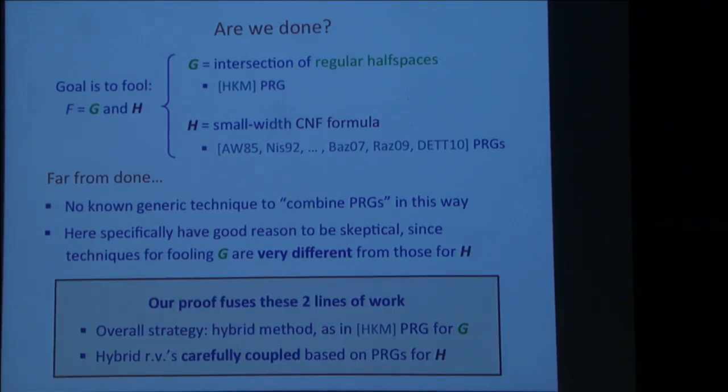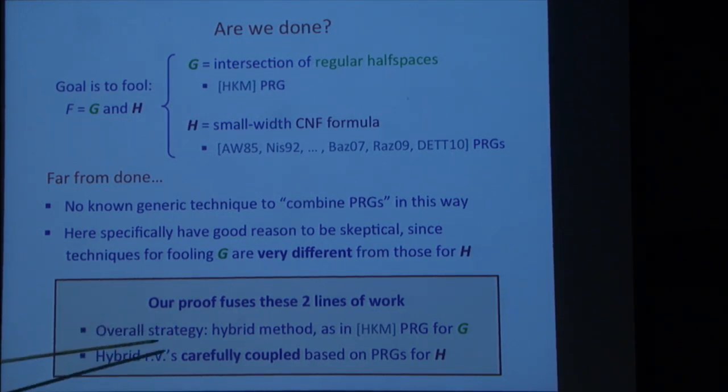And if you want to say there's a conceptual contribution, or what we're doing here, one thing you can potentially get out of looking at what we do is that we combine these techniques. The overall strategy we take is very similar to that of Harsha-Klivans-Meka. It's the exact same generator. We just ramp up the parameters to some extent.